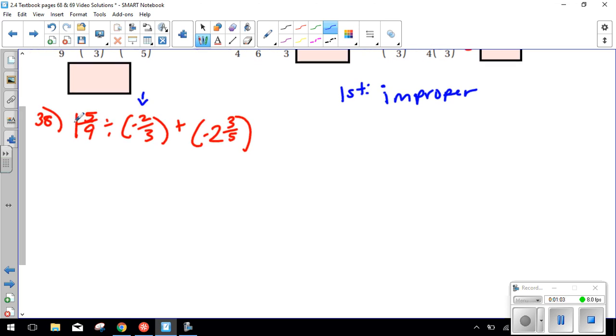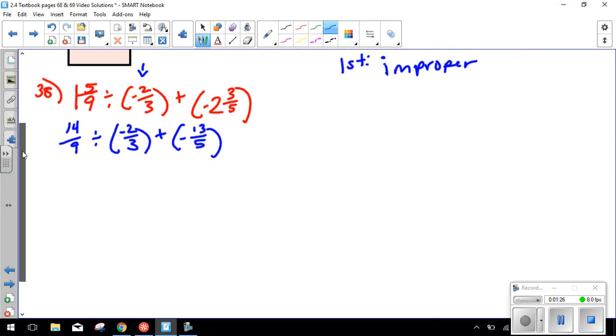So 9 times 1 is 9, plus 5, we get 14 over 9, divided by negative 2 over 3, plus, and this becomes 5 times 2 is 10, plus 3 is negative 13 over 5. The hard part about questions like this is students start leaving the signs behind.